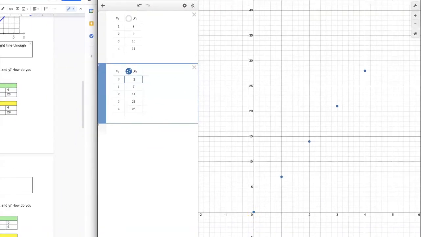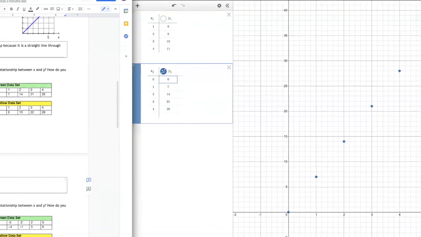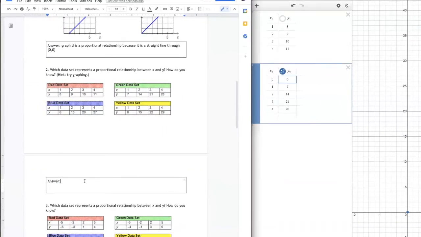So the green data set is a proportional relationship. The green data set is a proportional, let's go up, prop-relat for proportional relationship, because I need to fill out the Y.